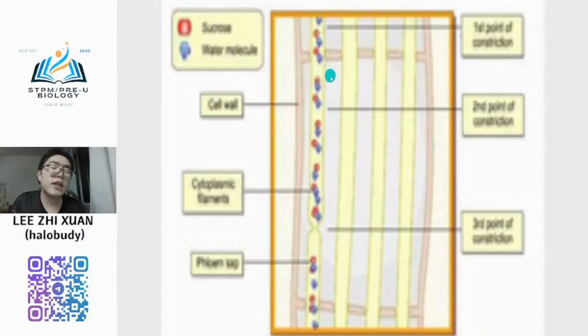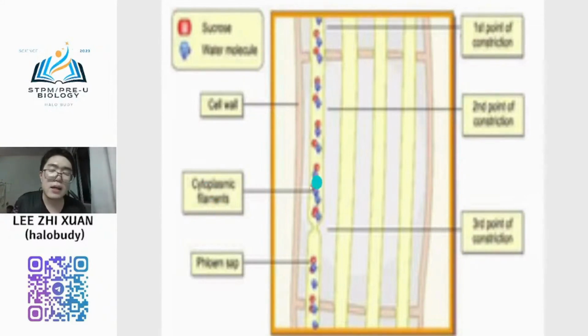Previously we said the phloem sap is transported inside the sieve tube. But for this peristaltic wave, in the sieve tube element, the phloem sap is actually transported between the cytoplasmic filaments.